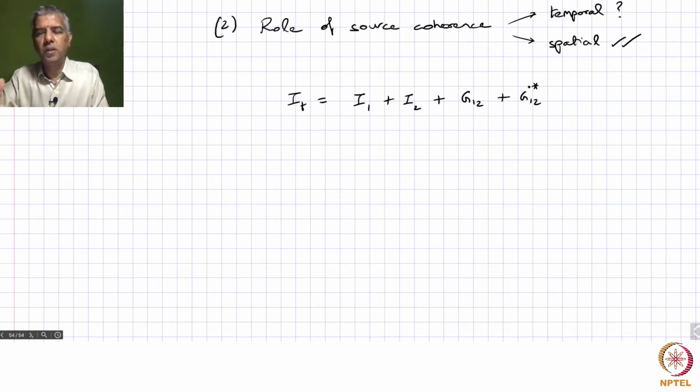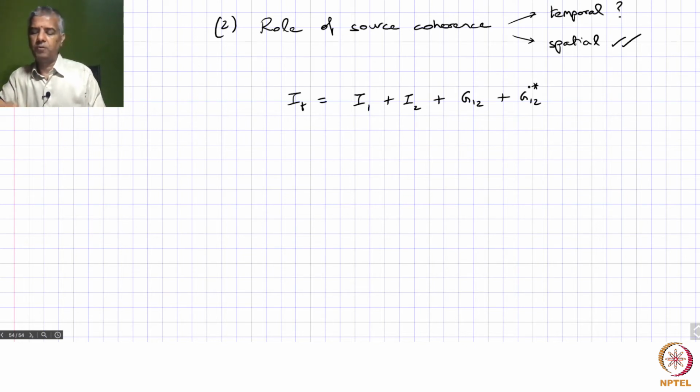Okay. So in the previous case, we assumed that it's an absolutely perfectly coherent source. So we did not worry about writing out the small g12 separately, because small g12 was equal to 1. Right, but now we want to understand the effect of coherence.